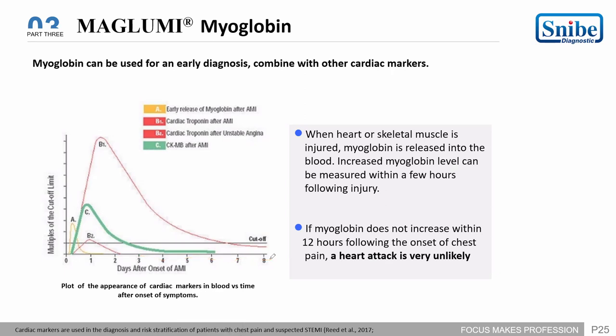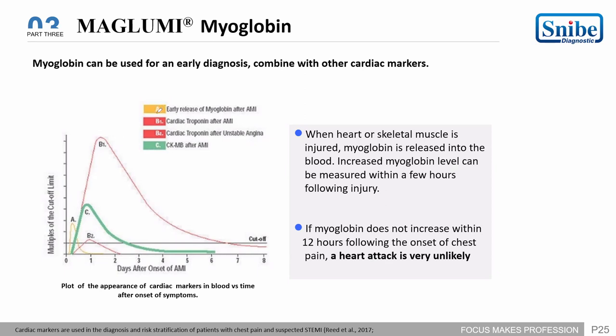So this is a plot which shows the appearance of the cardiac markers in the blood versus time after onset of the symptoms. On the basis of this data of a multiple of the cutoff limits and the day after the onset of acute myocardial infarction, they said that when the heart or the skeletal muscle is injured, myoglobin is released into the blood, and increased myoglobin level can be measured within a few hours following injury.